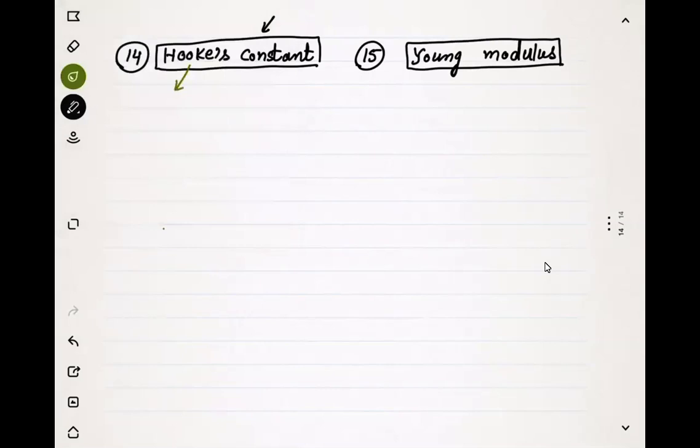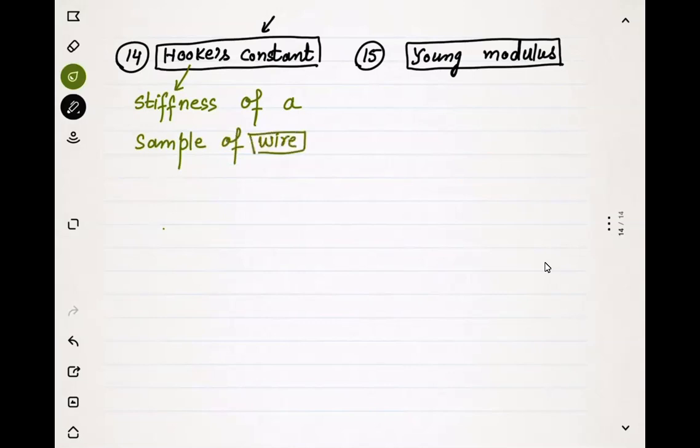Hooke's constant represents the stiffness of a sample of wire, for example. You may say a wire is a cylindrical shape. And Young modulus, instead of a wire or object, represents the stiffness of a material.